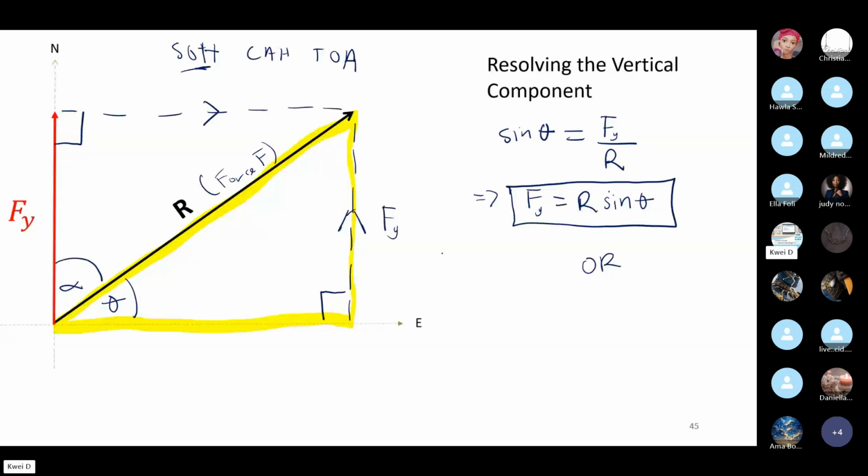So then that means that if we make Fy the subject, we get Fy to be equal to what? R cos alpha. Yes.